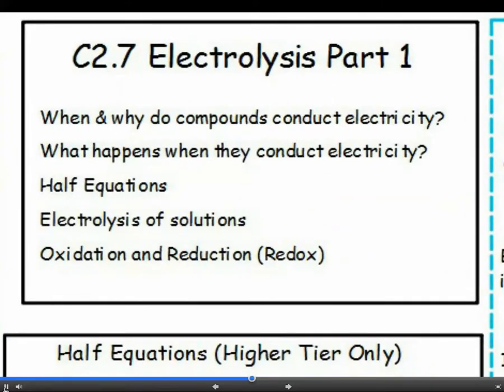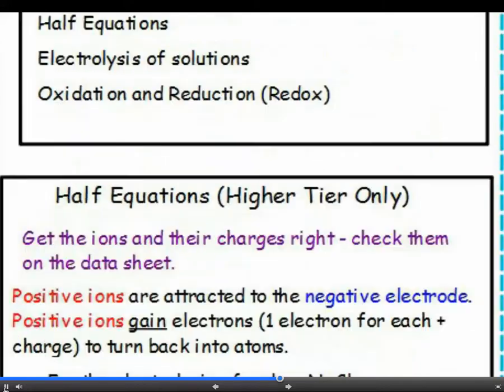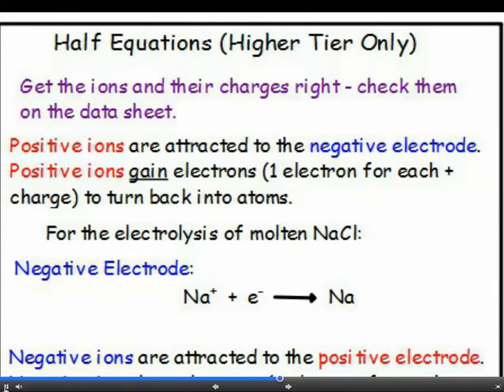We can write an equation to show what happens to the compound, but the change really takes place as two separate changes, half at each electrode. Don't forget to check that you've got the ions right using the datasheet. At the negative electrode, the positive ions gain electrons to get rid of their charge.